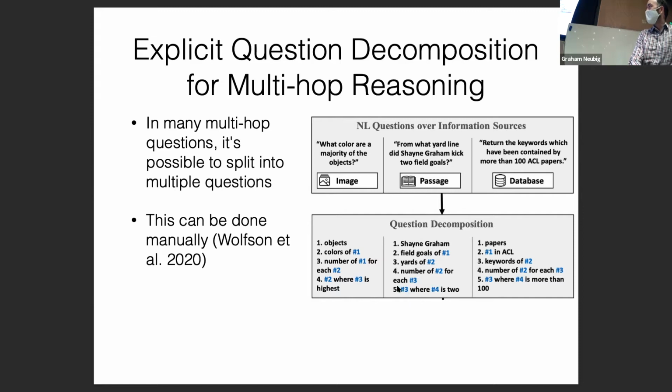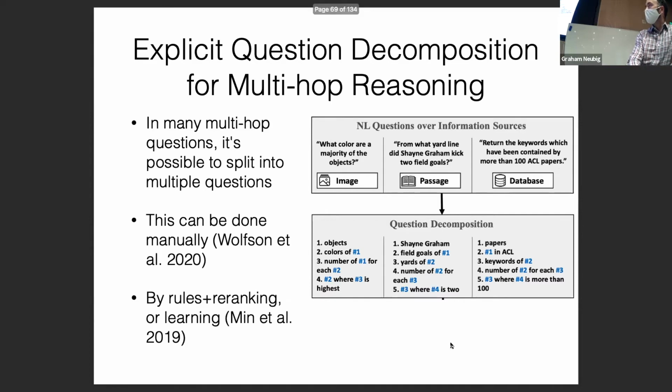And then you find the number of yards of field goals of Shane Graham for which the number of... so you can see it gets kind of complicated, but basically by decomposing the question in this way, you can answer the original question, which is which yard line did Shane Graham kick 2 field goals? And there's other examples like this as well. And this can be used for questions over images or passages or databases, for example.